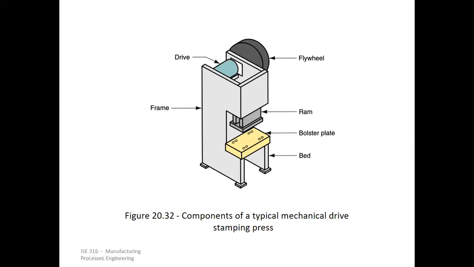Components of a typical mechanical drive stamping press, right? So if this is the drive which is driving it, I mean, the flywheel, of course, is there. So the ram would go up and down, right? Bolster plate, basically responsible for clamping.